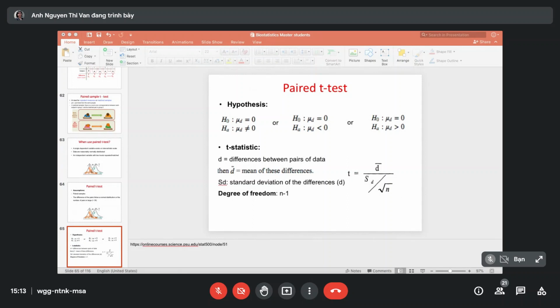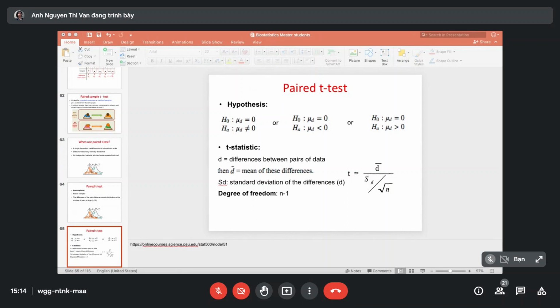Just because it differs from 0, it means that each D will differ, like D1 differs from D2 and D3, like that. It means the data in sample 1 is different from the data of sample 2, right?